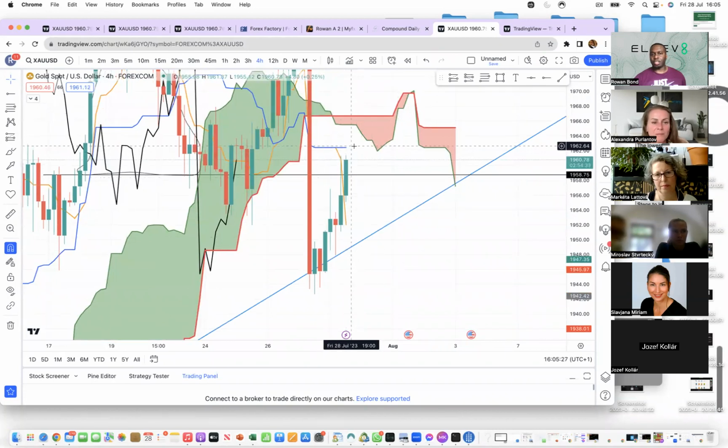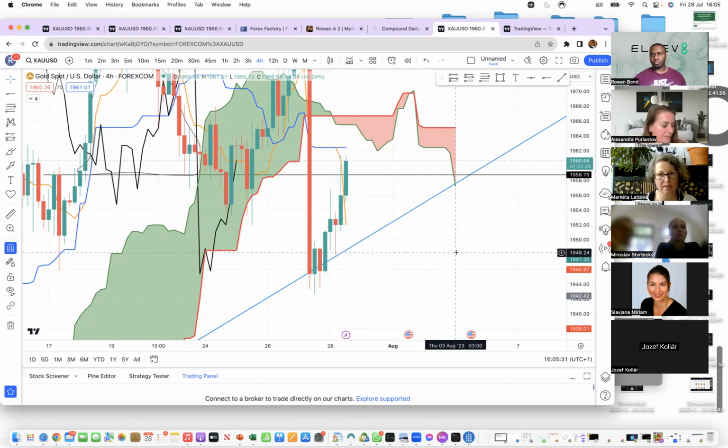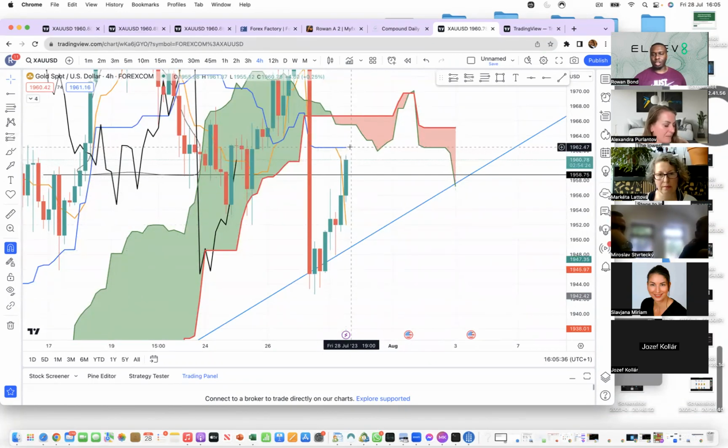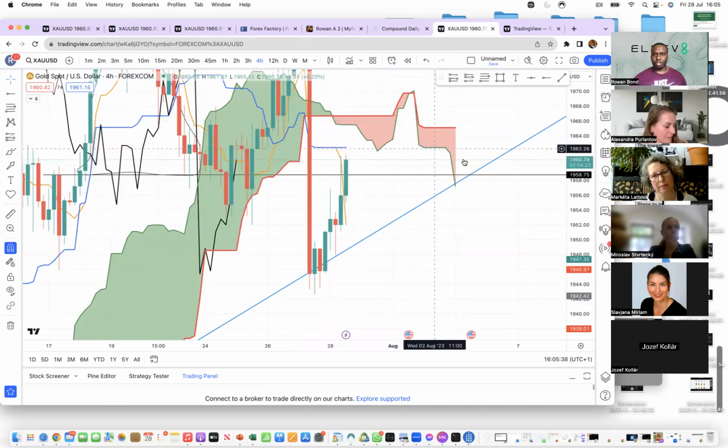What it's telling me is that there's resistance here. If it gets above this area, then the next, what I call span B, which is the thick red line that goes like this.